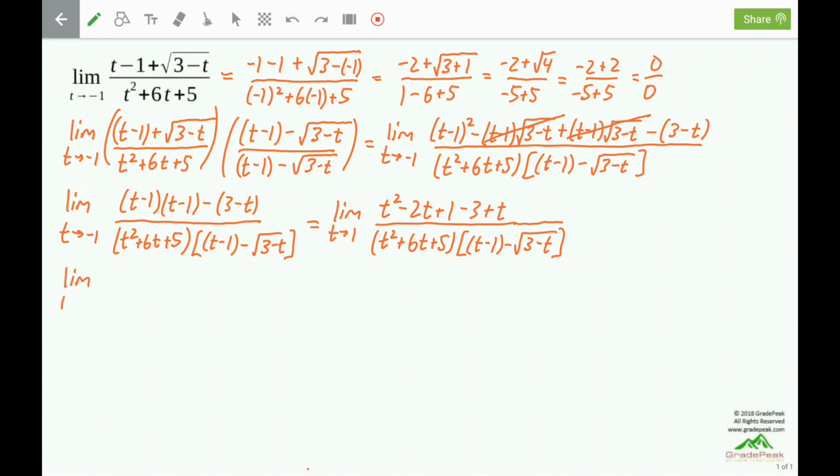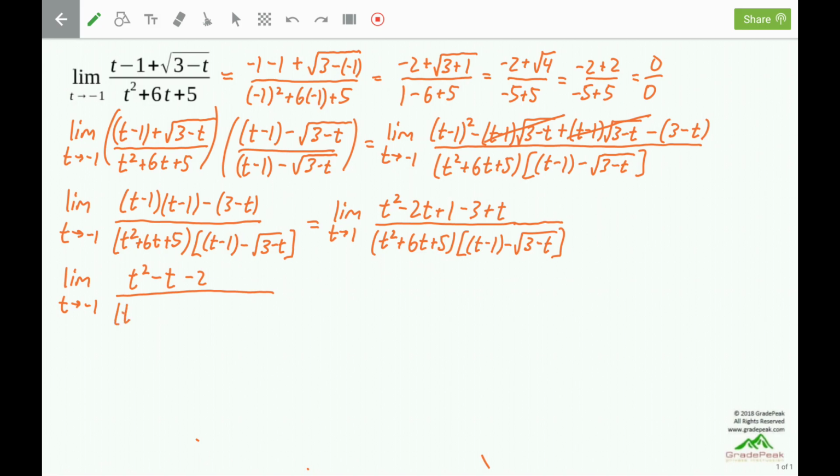So we will have the limit as t goes to -1 of t squared minus 2t plus t will be minus t, and then plus 1 minus 3 will be -2.